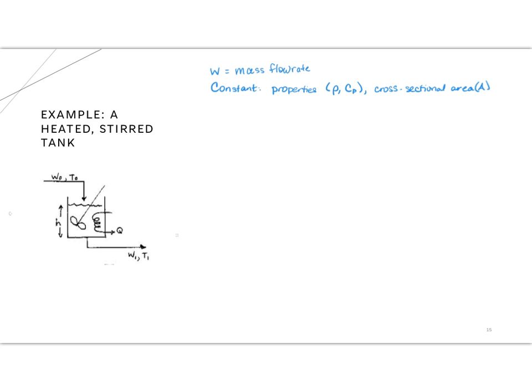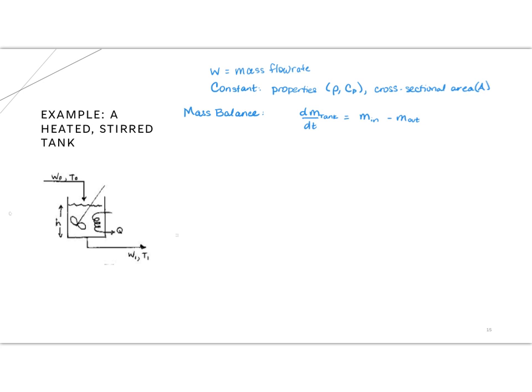Now, I'm doing a mass balance. So the mass balance is going to be accumulation, which is the change in mass inside the tank, and that's equal to what comes in minus what comes out plus what is generated. In this case, there is no reaction, so just in minus out. If I recast this using our variables, then the mass in the tank is density times volume.